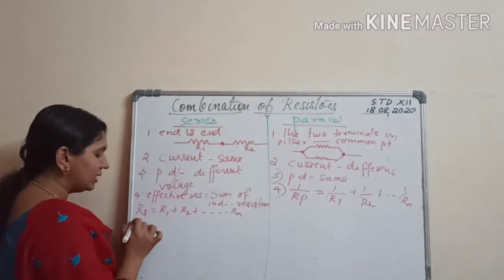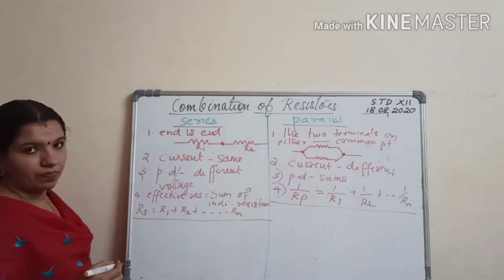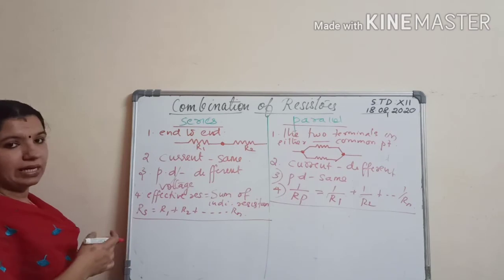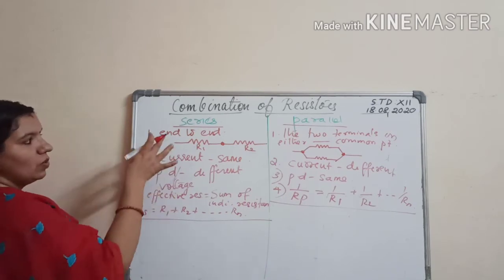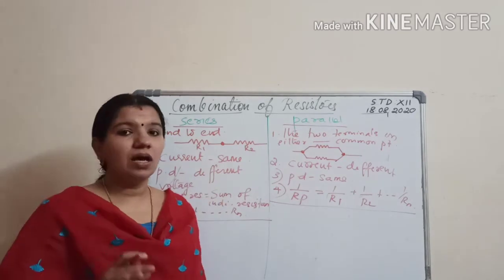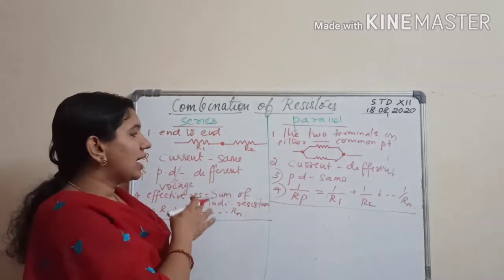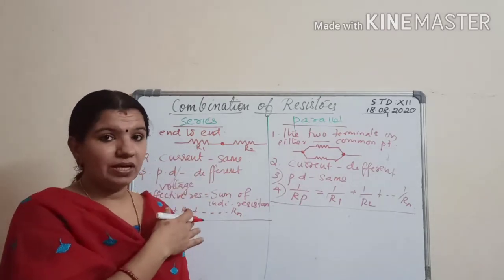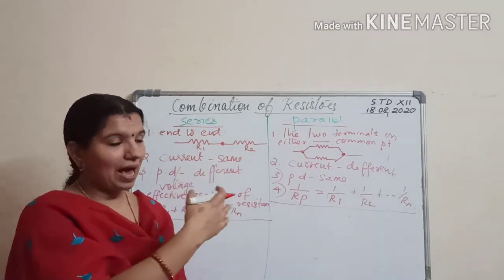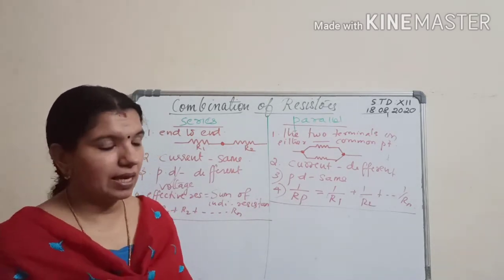Now we have to derive this expression. So we will move to the derivation part. Once again, first, what is series connection? It is end-to-end connection, whereas parallel means the two terminals on either side are connected to two common points. Now the current will be the same and potential difference will be different in the case of series, whereas in parallel connection, current will be different and potential difference or voltage will be the same.